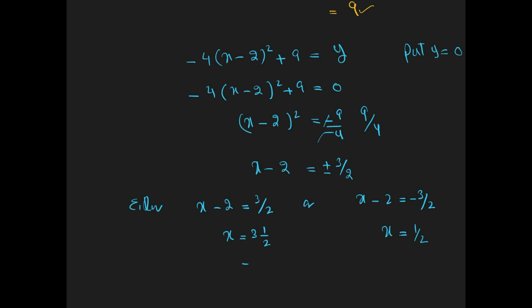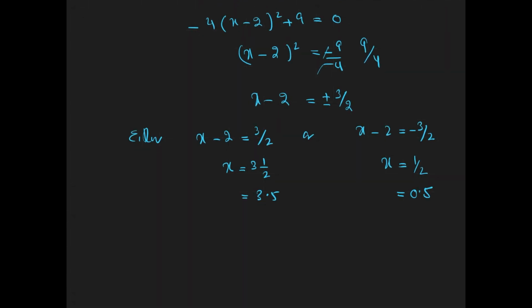So you can write this one as 3.5 and this one as 0.5. These are the values of the x-intercept. So our graph of the quadratic function will intercept the x-axis at 3.5 and 0.5.